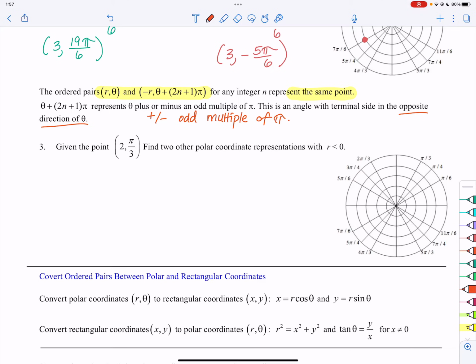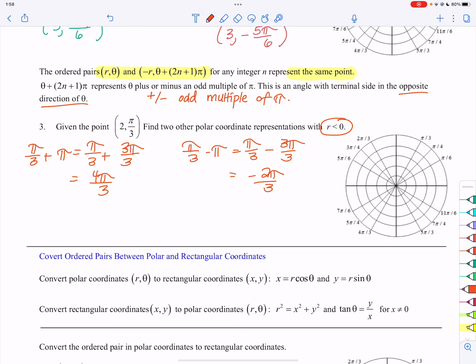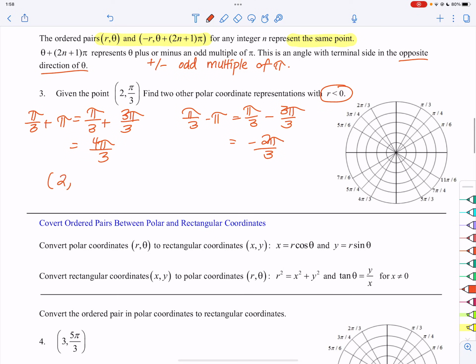So given the point 2 pi over 3, find 2 other polar coordinate representations with r less than 0. So we have pi over 3 plus pi, and we have pi over 3 minus pi. And of course, we come up with 4 pi over 3 and negative 2 pi over 3.